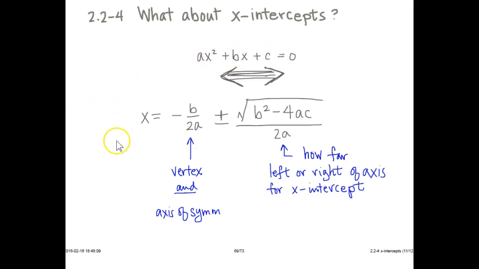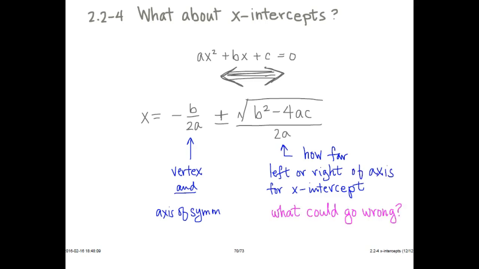If this is true, then this is true, that x is equal to this part. So here we have both the vertex and the axis of symmetry. That did look a bit familiar. And here we have how far to the left or right of the axis of symmetry we need to go to get to the x-intercept.